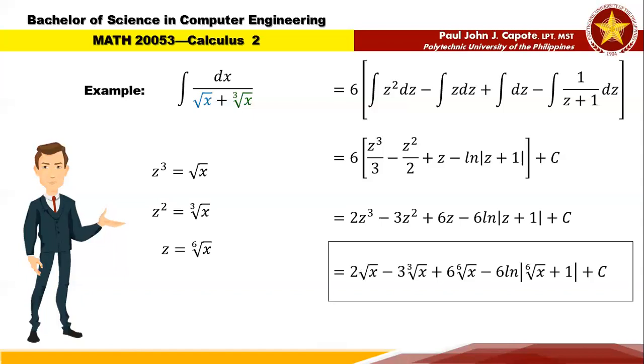The integral of dx all over the square root of x plus the cube root of x is equal to 2 times the square root of x minus 3 times the cube root of x plus 6 times the sixth root of x minus 6 times the natural logarithm of the absolute value of the sixth root of x plus 1 plus c.